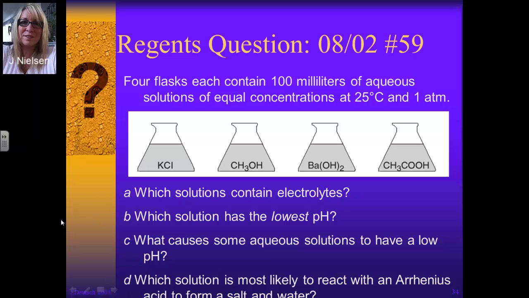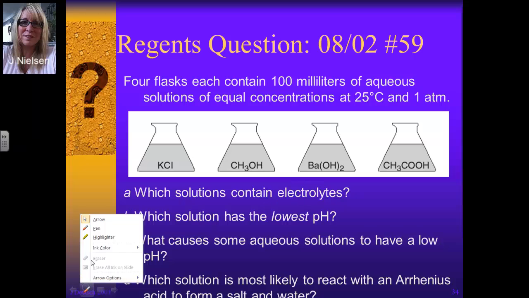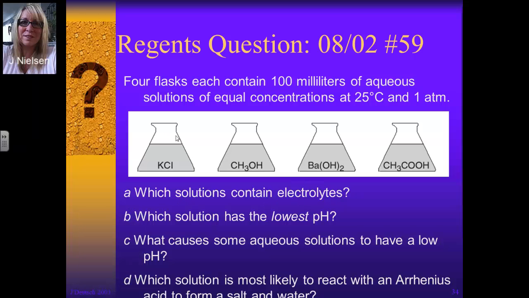4 flasks each contain 100 mL of aqueous solutions of equal concentrations. Which solutions contain electrolytes? So, if it's an electrolyte, I'm looking for an acid, base, or salt. Well, let's look at what we have here. KCl is a metal and a halogen. This is a salt. CH3OH, we don't have to know that it's an alcohol.